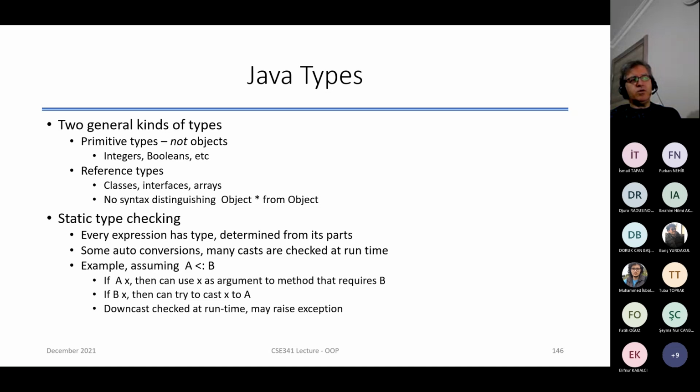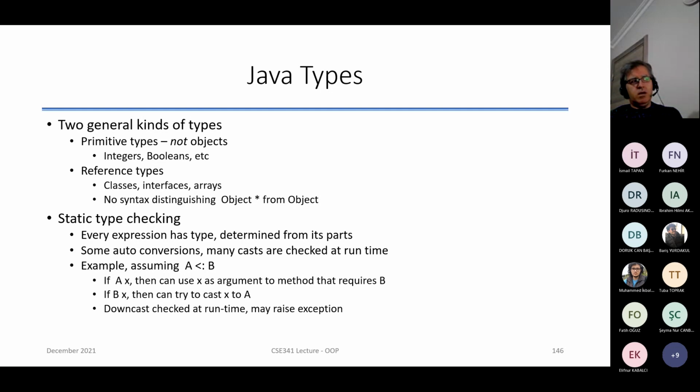So for example, if we assume that A is a subtype of B, and you define an X, if A has a method with argument X, then we can use X as an argument to a method that requires B, right?